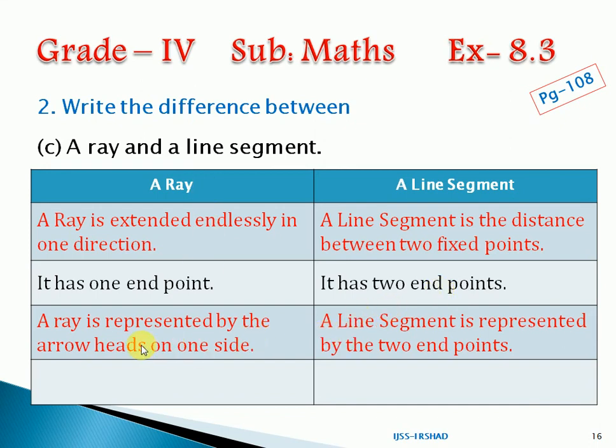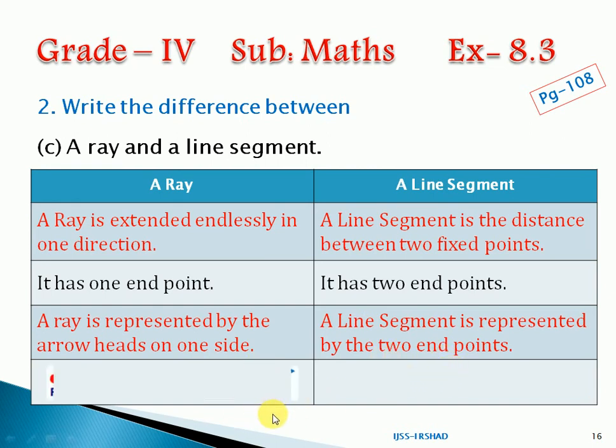In the case of a ray, I told you a ray is represented by an arrowhead on one side, and the other end is a stop, an end point. A line segment is represented by two end points on both sides.